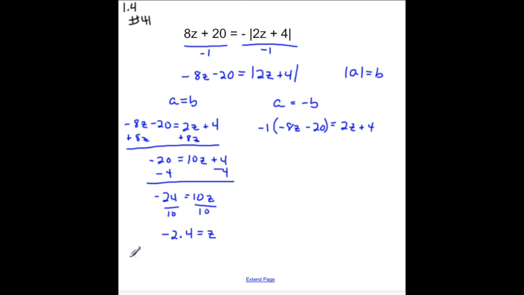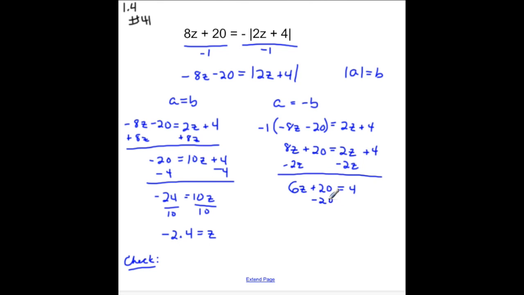And I'm just going to write down here check because sometimes I forget to come back to it. But I'm going to come up here and just do the algebra here first. So I distribute this -1, so that gets me back to positive 8z plus 20 is equal to 2z plus 4. This time I'm going to go this way with the z's, minus 2z on both sides, and so that leaves me with 6z plus 20 is equal to 4.